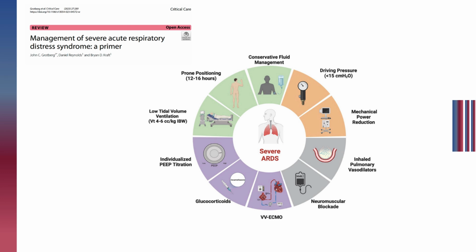Not all of them have been associated with survival benefits, but we know that ARDS is not a diagnosis, it's just a manifestation of the respiratory component of a systemic disease. So we need to treat the underlying disease process in order to change mortality.